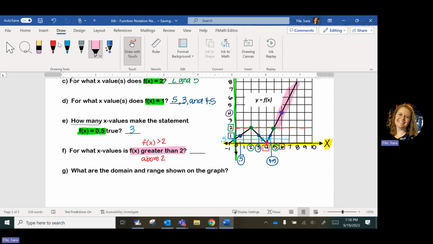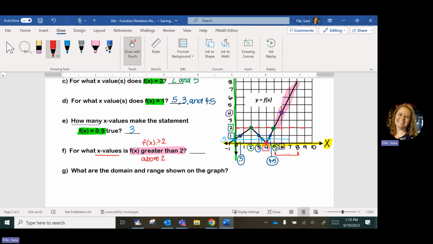So they're asking for X values, for what X values is that piece of the graph. So we said that that started at the 5 and that ends at the 8. So from 5 to 8 is where this graph is above 2. Does it include the 5? Did we say? No, it's equal to 2 when X is 5.